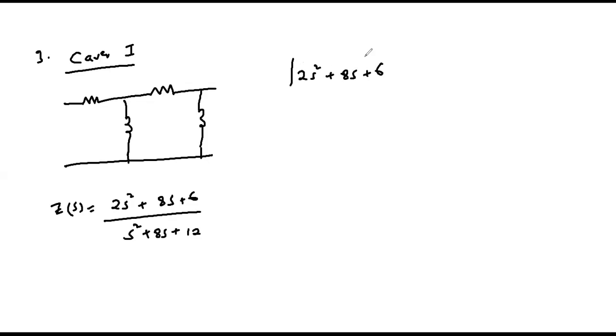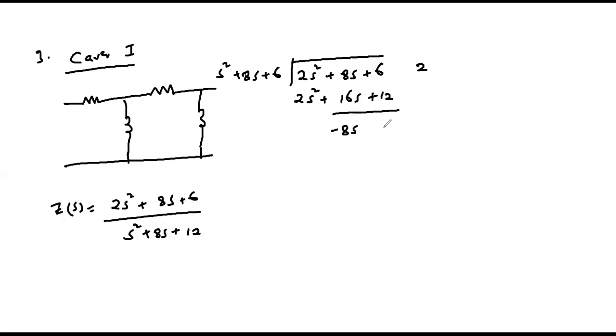We divide these into s squared plus 8s plus 6. So we need to get 2s squared plus 16s plus 12, and the difference will be minus 8s minus 6.